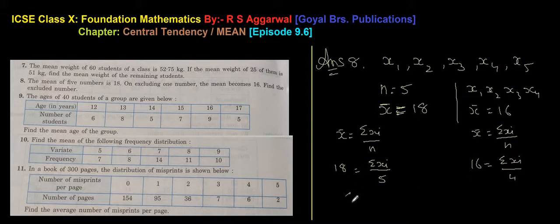Now sigma xi is 18 fives, so this 5 goes to this side, and 18 fives are 90. And here sigma xi is equal to 16 fours, so it is 64.